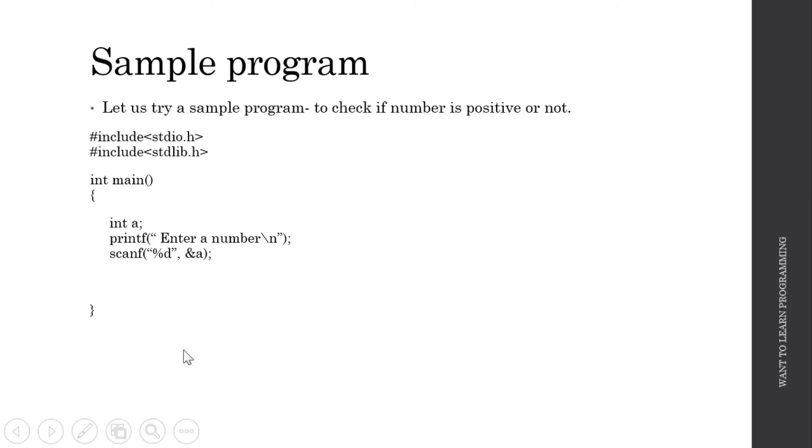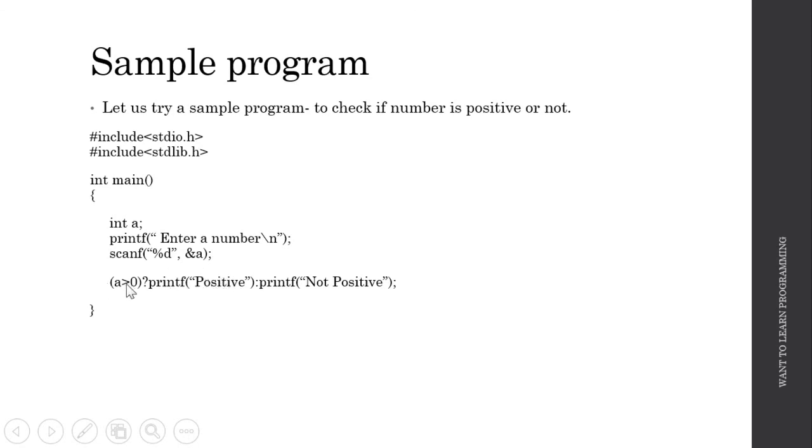Now let's look at how the entire if else condition can be written in one line of code using the ternary operator: a greater than 0 question mark. This is like saying if a is greater than 0, if this condition is satisfied, then it will move to the B block, that is after the question mark before the colon: printf positive.